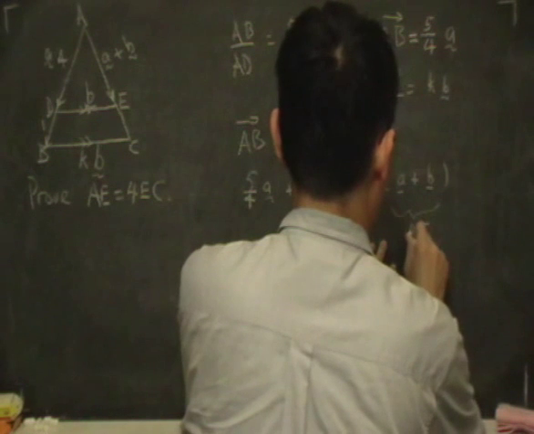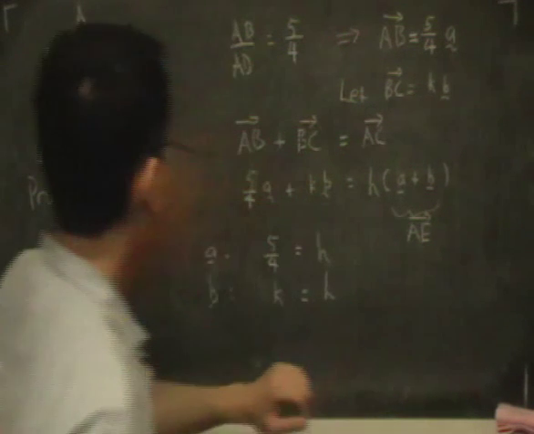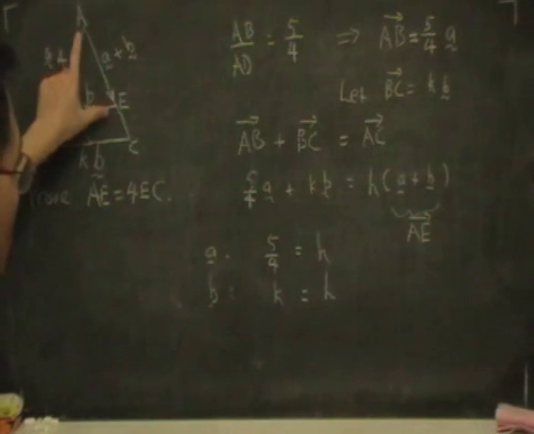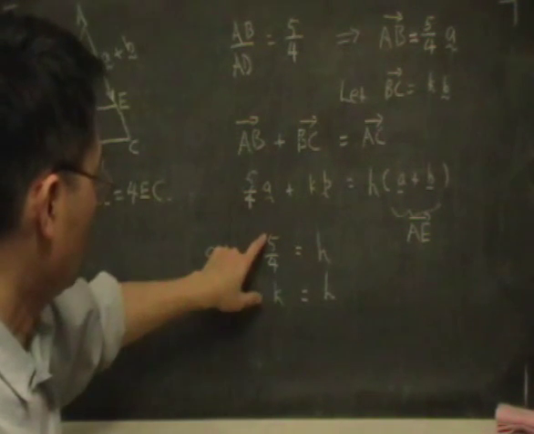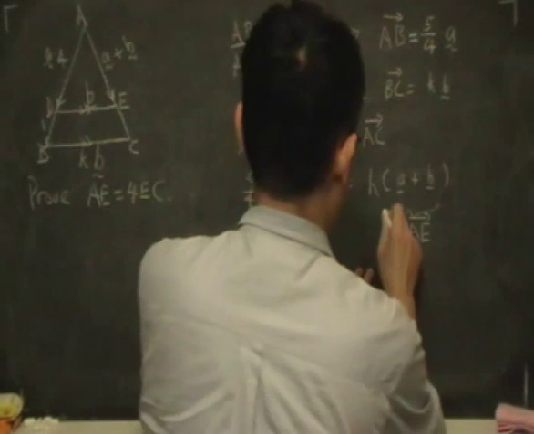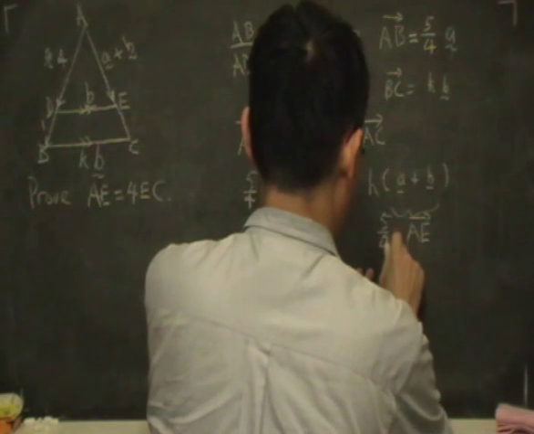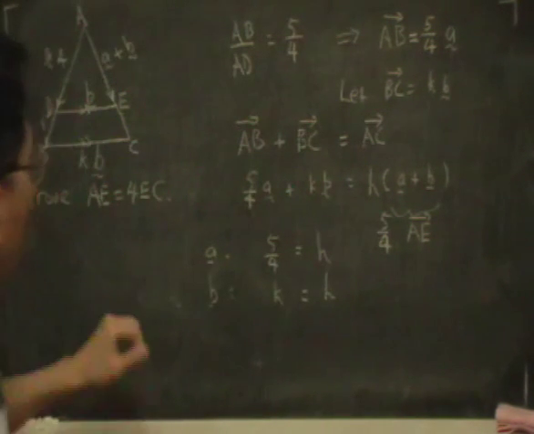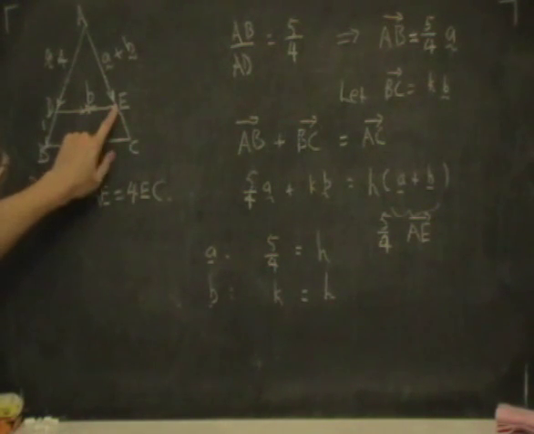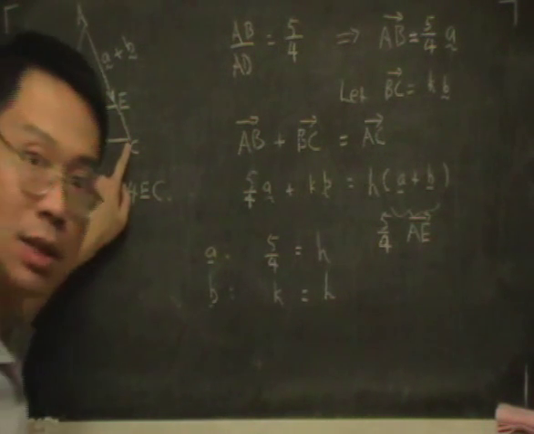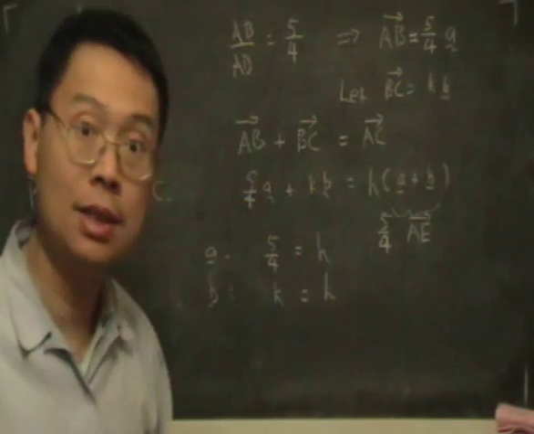So what we are saying is that if I take h, which is 5 over 4, and multiply by AE, I must get AC.